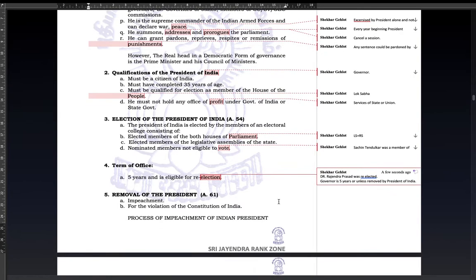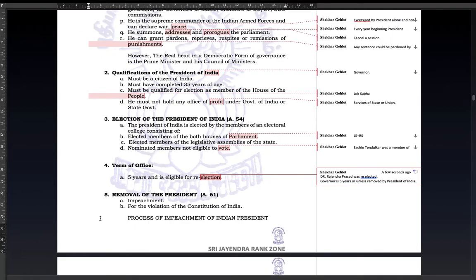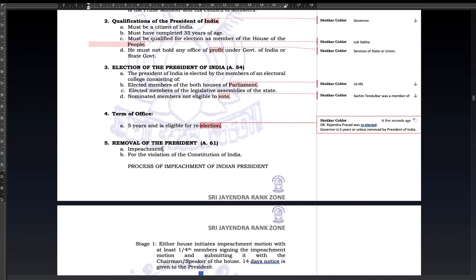Now we come to another important aspect, that is removal of the President of India. How could the President of India be removed? This process is called impeachment.